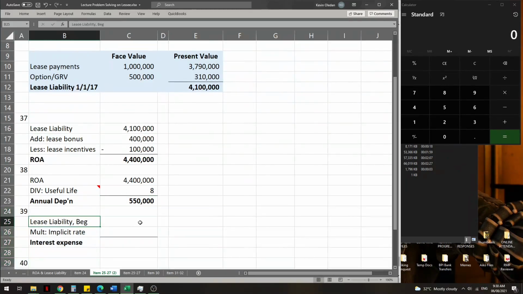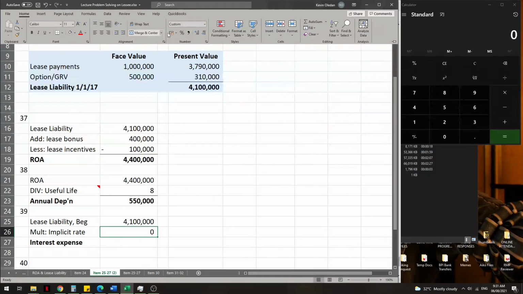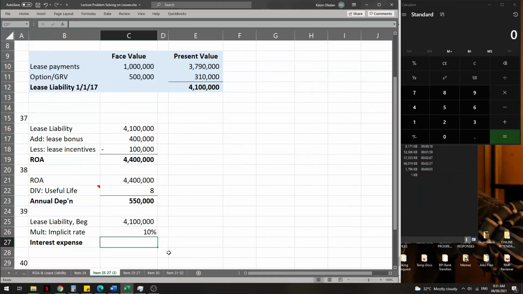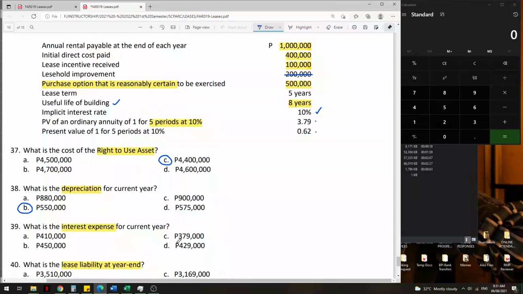So, this is gonna be an easy one since na-compute mo na ang lease liability. We'll have to go ahead and input here 10%. Yan. Then, multiply to arrive at our answer directly. Ito po, sagot, letter A.